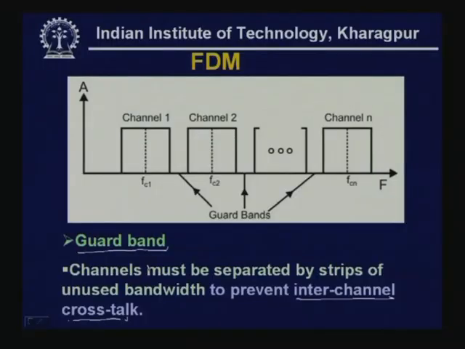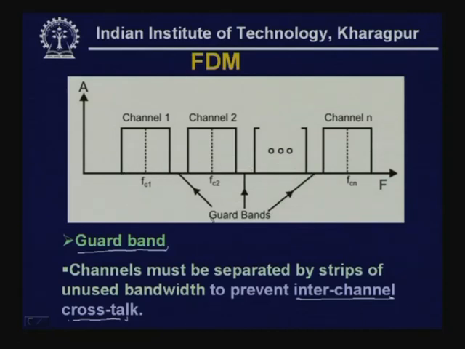Sometimes we observe, whenever we receive radio signals, that adjacent channels are so close that if the filtering is not done properly, then it disturbs the signal of adjacent channels. So that kind of thing can happen. To avoid that, we have to use guard bands between each of these bandwidths, as you can see, for each of the signals.